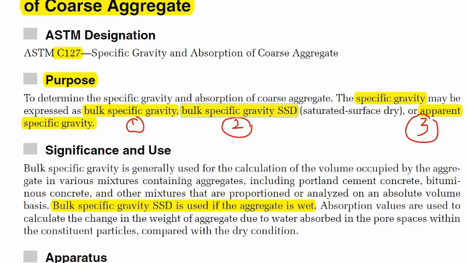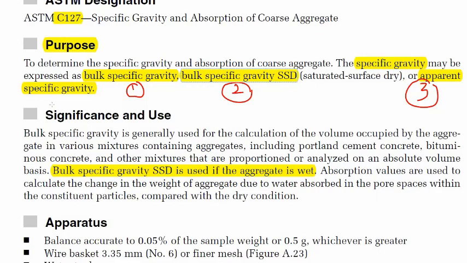Okay, let's go now to the second part, which is the significance of this experiment. Bulk specific gravity is generally used for the calculation of the volume occupied by aggregate in various mixtures containing aggregates, including Portland cement concrete, bituminous concrete, and other mixtures that are proportioned or analyzed on an absolute volume basis.